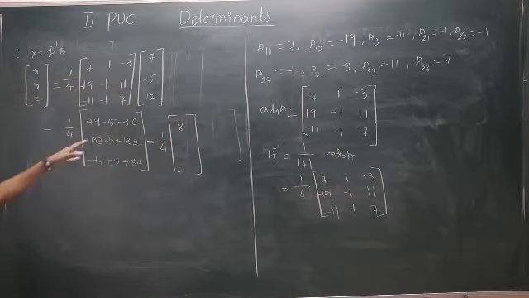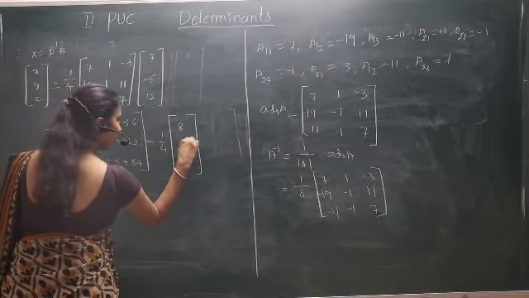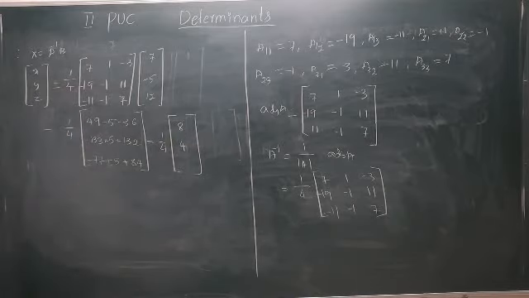Then minus 133 plus 132 is minus 1, minus 1 plus 5 is 4. Then 84 minus 77 is 7, 7 plus 5 is 12.